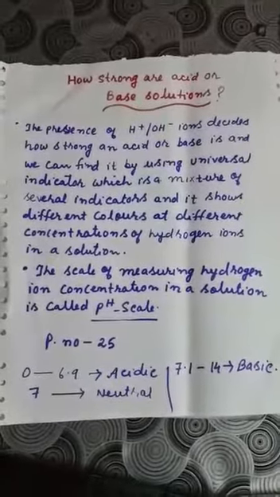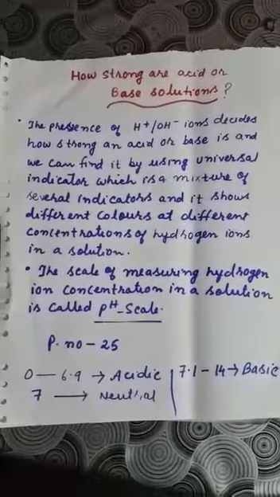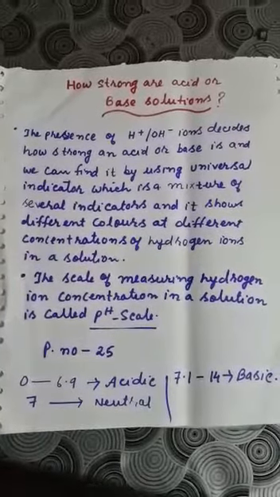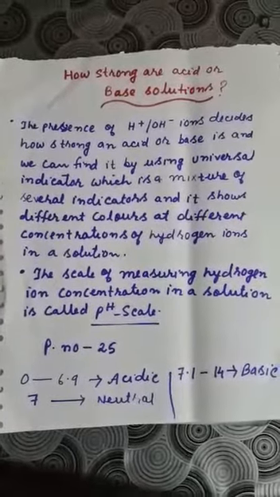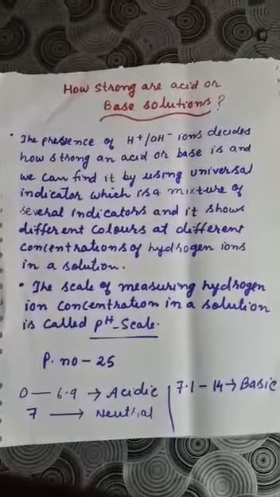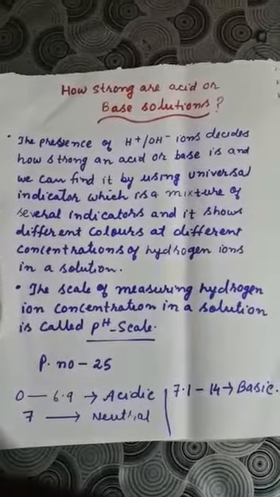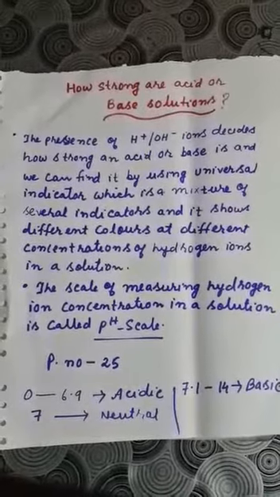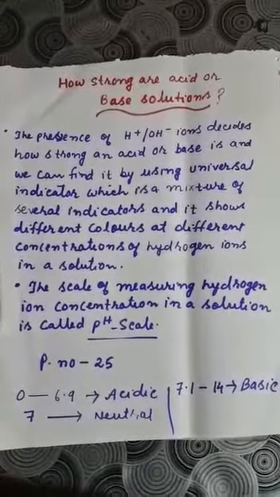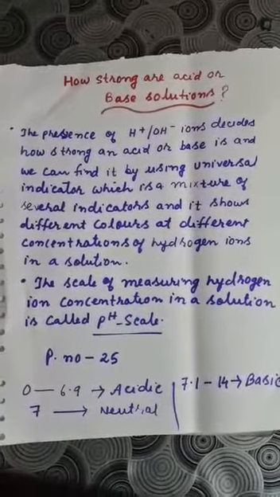Now how strong are these acid or basic solutions? The presence of hydrogen ions or hydroxide ions decides how strong an acid or base is. If the amount of hydrogen ion is more, it will be considered a strong acid, and if the amount of hydrogen ion present is less, then it will be considered a weak acid. Similarly it is for bases also.